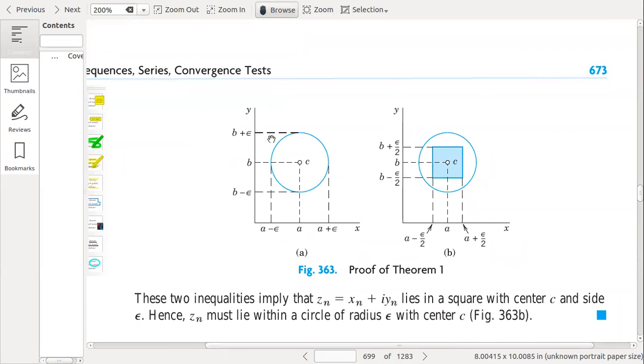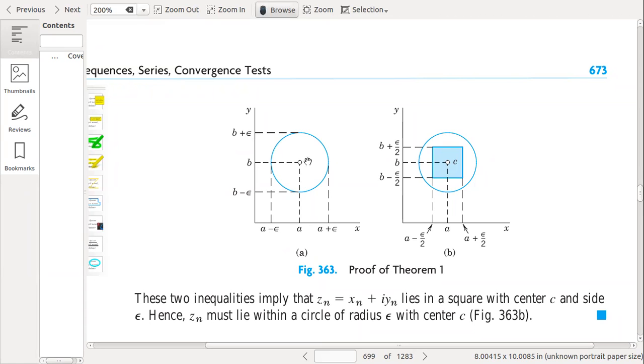Okay, so here we can consider an open disk with the central point C, that is the convergence point. On the x-axis there is the point A, and corresponding to A there is a point B. With a small increment to point A, we have A plus epsilon, and corresponding to this we have B plus epsilon, and corresponding to A minus epsilon we have B minus epsilon.